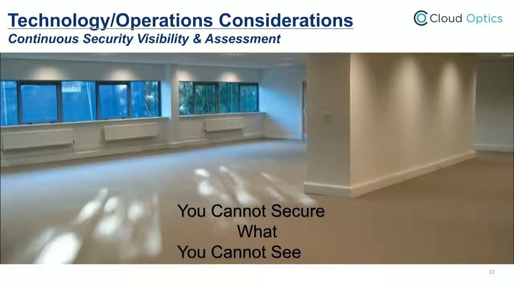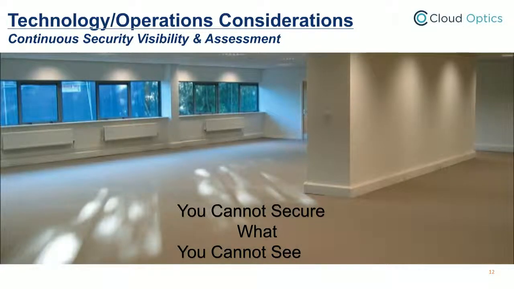Now let's look at technical and operations considerations here. Once we have understood the SEC challenges and approaches and the guidance, now we look at what those considerations are from a cybersecurity professional point of view.